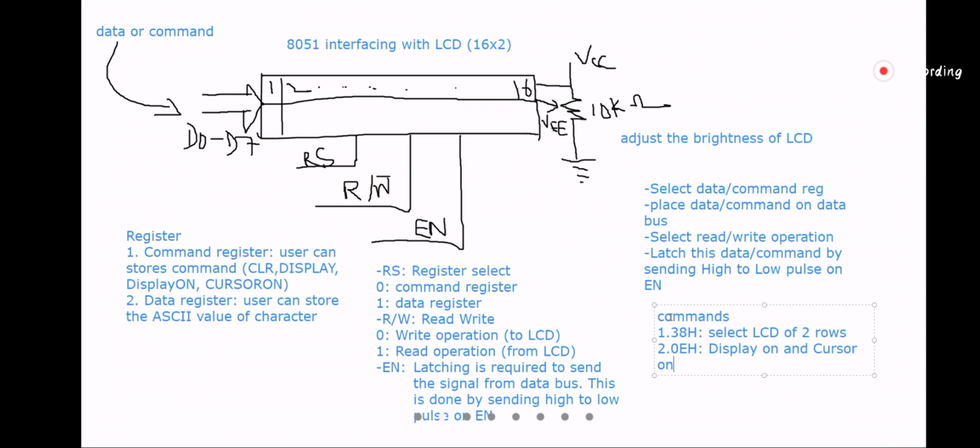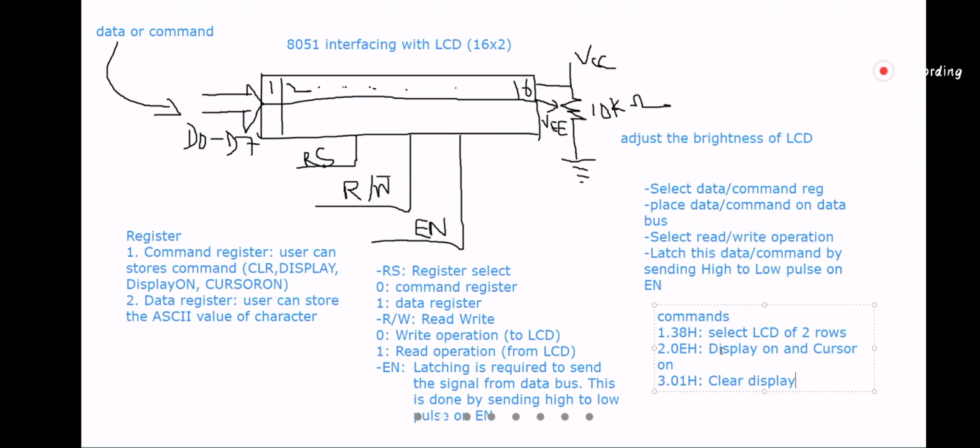Third, 01H in the accumulator means clear display. Whenever you want to display something new, you need to first clear what is being displayed. At that time you will put 01H in the accumulator.